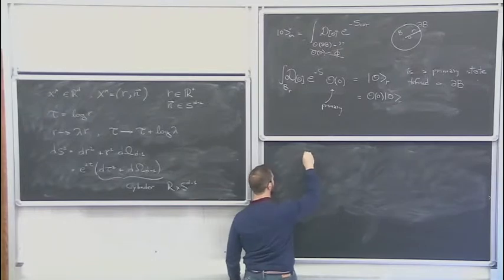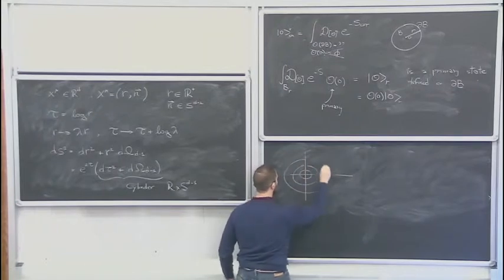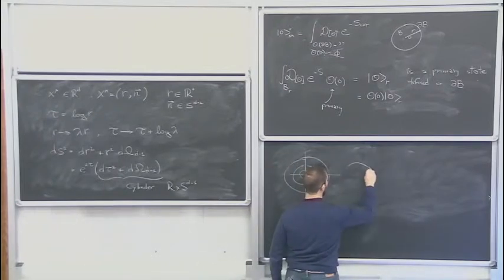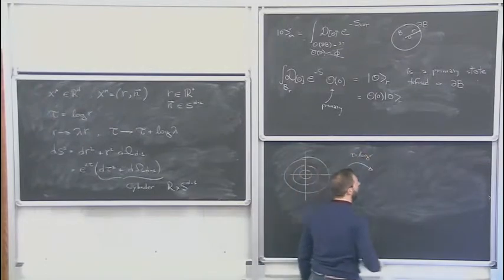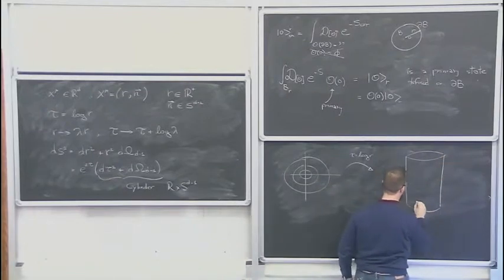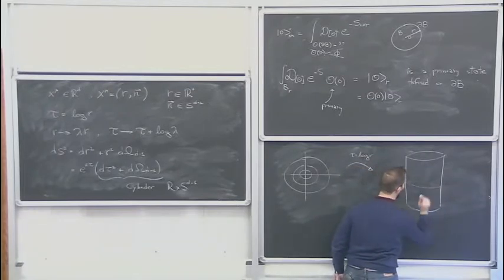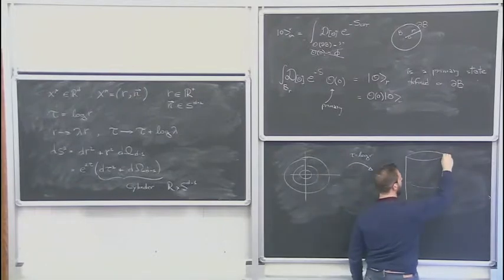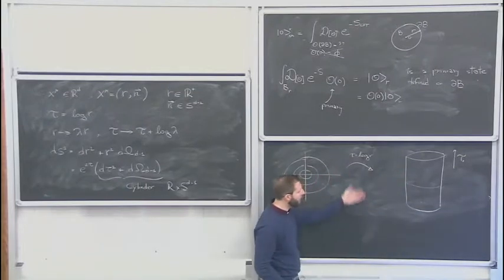Right, so we started from concentric spheres, and then with this tau equal log of r, we're going to a different representation of space-time in terms of a cylinder, where the vertical direction is tau now, and it goes from minus infinity to infinity because r went from 0 to infinity.